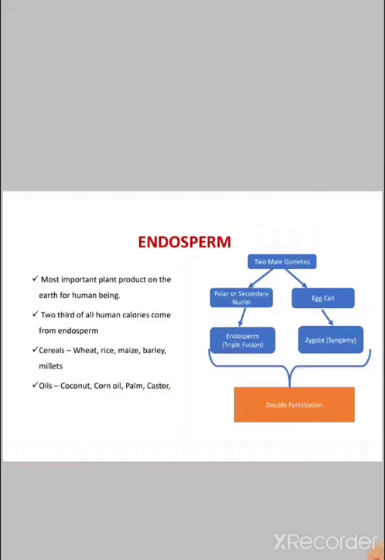Parietal tissue has endothecium, middle layer, and tapetum. The main function of sporogenous tissue is the formation of pollen.